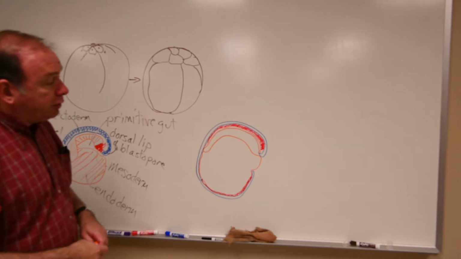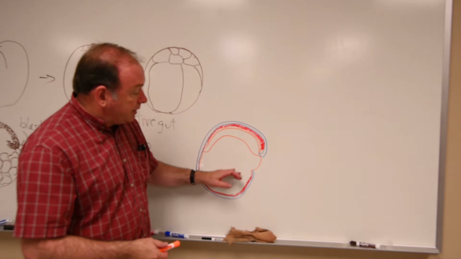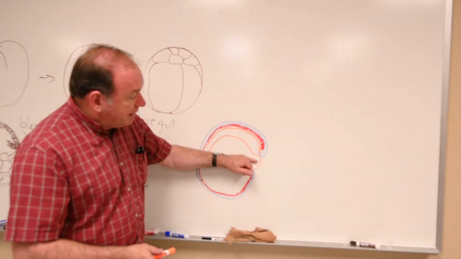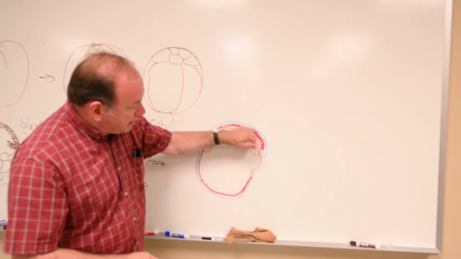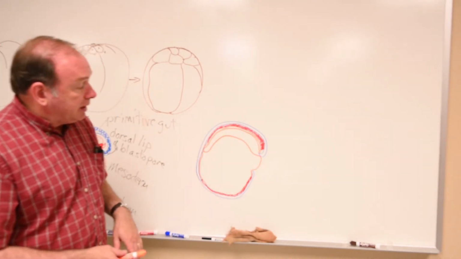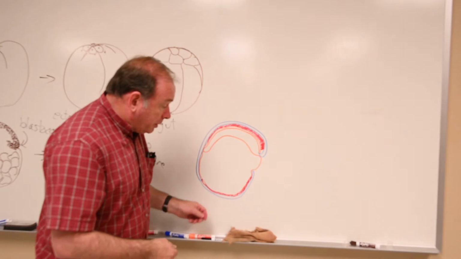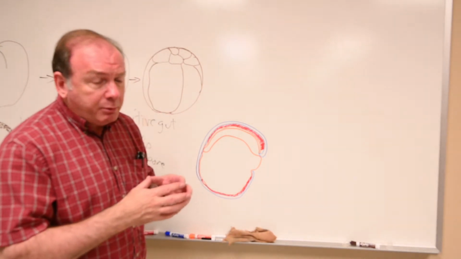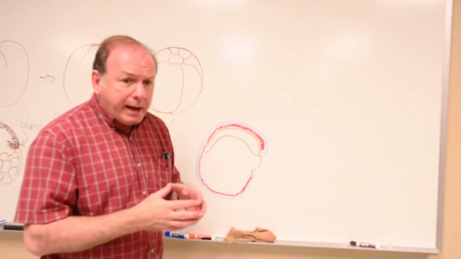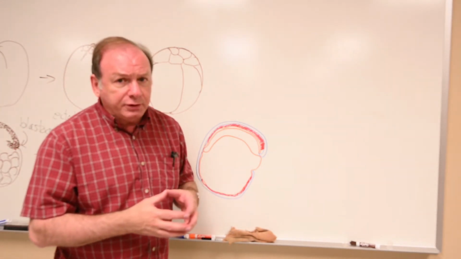This is often referred to as the yolk plug stage because yolked endoderm is still seen in a small area where the ectoderm hasn't completely covered it yet. In not all amphibians, but many amphibians, they have a dark pigment to their animal pole when they are first developing.